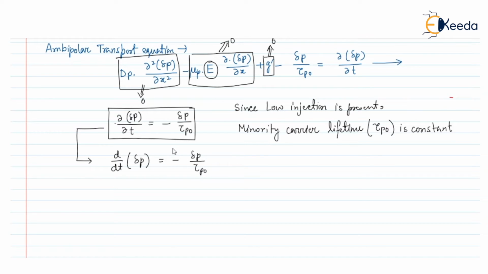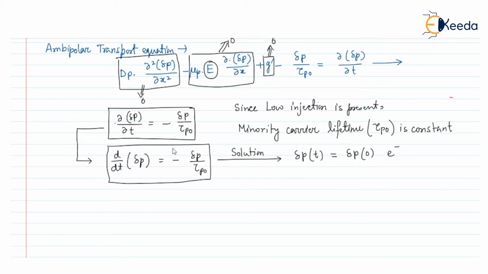This is a first order differential equation. If we solve this first order differential equation, we can find the value of delta p. So the value of delta p with respect to time will be equal to delta p0 e to the power minus t divided by tau p0. Hence, this will be the value of the excess hole concentration with respect to time.